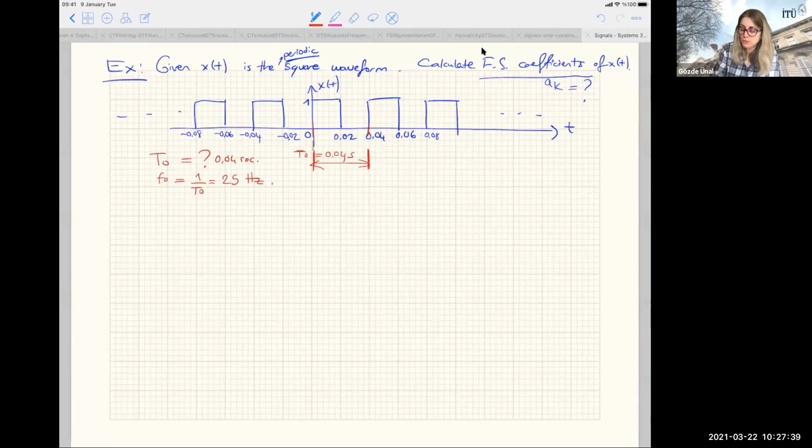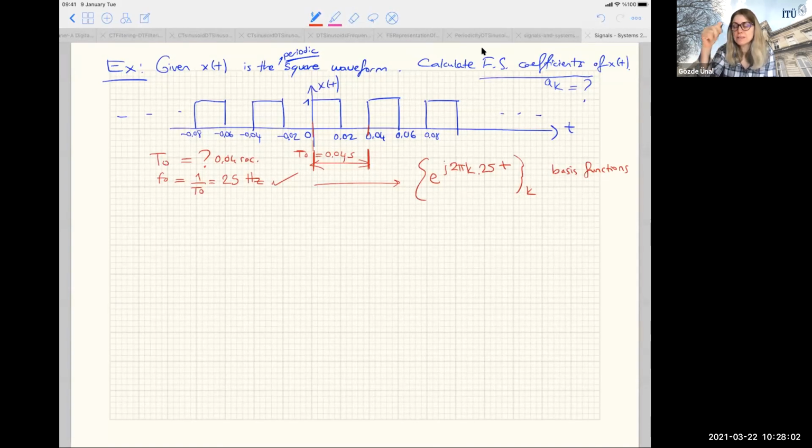Now it's great. I know the fundamental frequency. I know the form of my e to the j 2 pi k 25 t. These are then the family of basis functions that I should be using to decompose my signal, project my signal onto this basis function set.